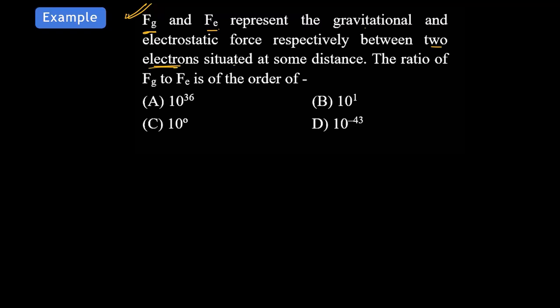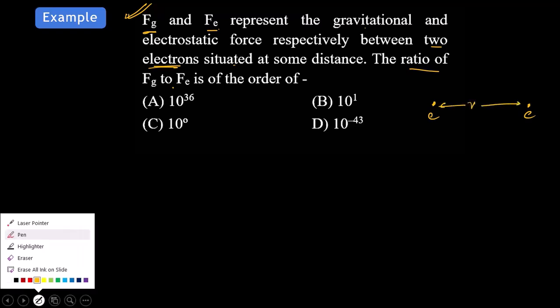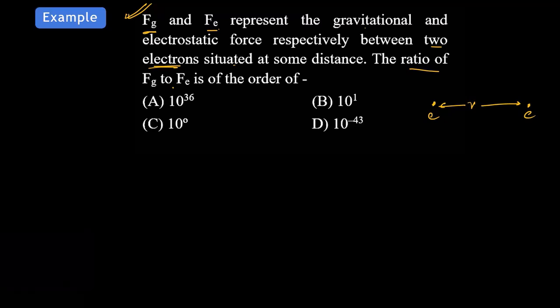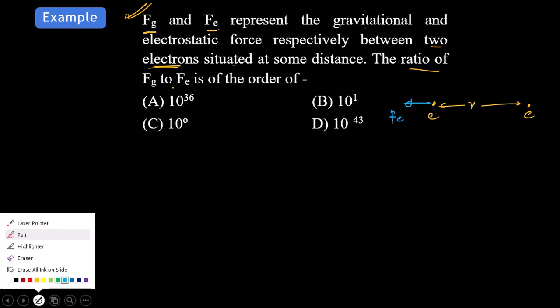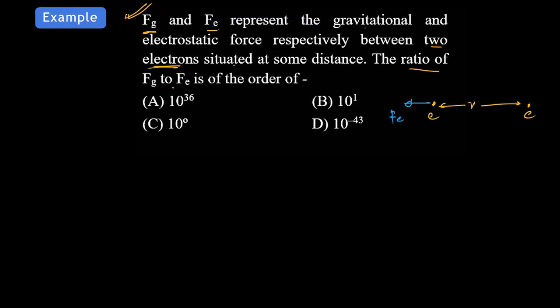Now you are asked to calculate the ratio of Fg to Fe. Let us say this is one electron, this is another electron. The gap between them is R. Between these two electrons there is an electrostatic force of repulsion, Fe. Similarly, between these two particles, the force of attraction of gravity is there, Fg.